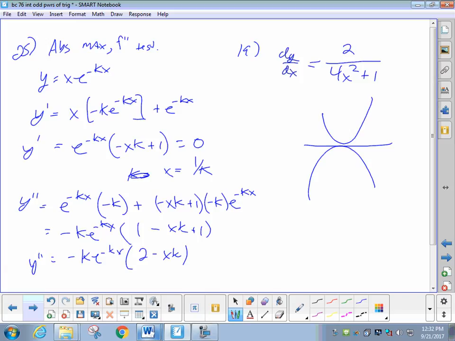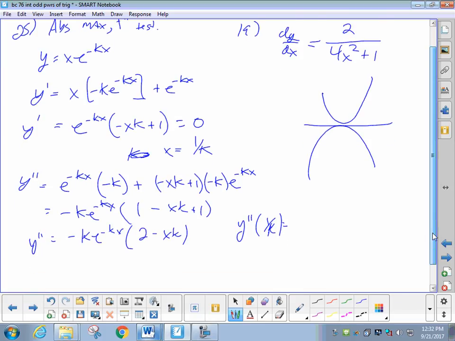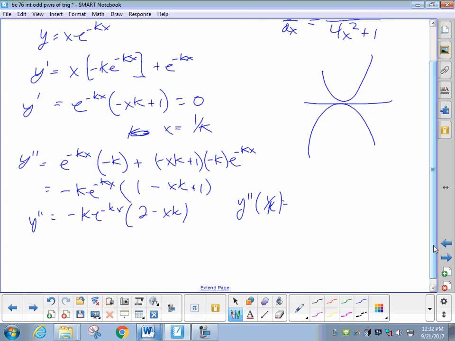Okay, y double prime at 1 over k is negative k e to the negative 1, 2 minus 1 over k times k. Do we concur? Negative k over e, 2 minus 1.